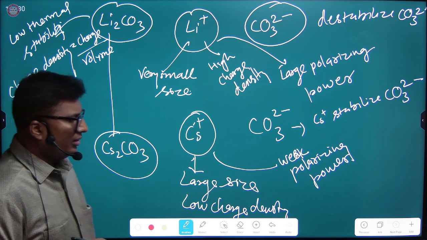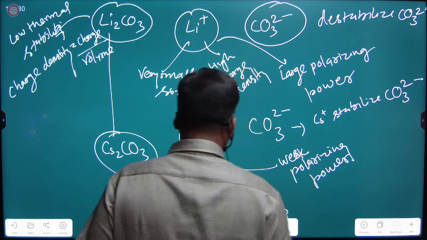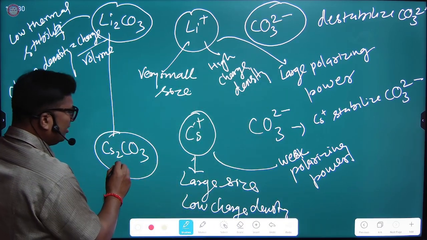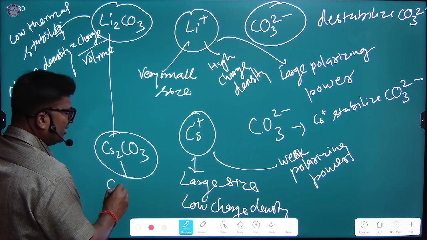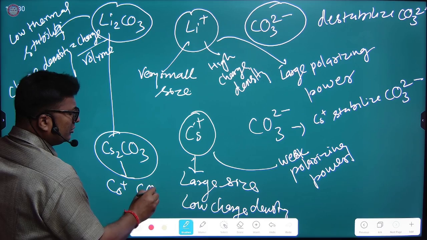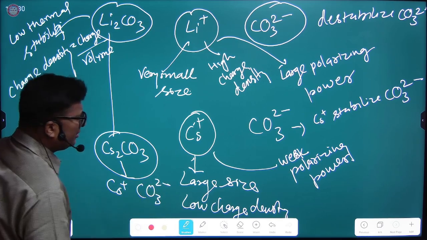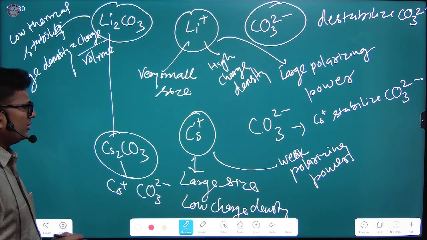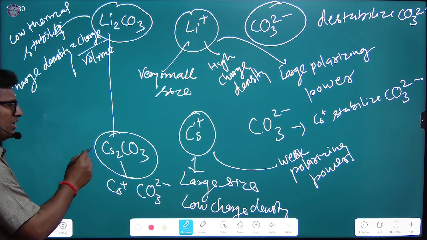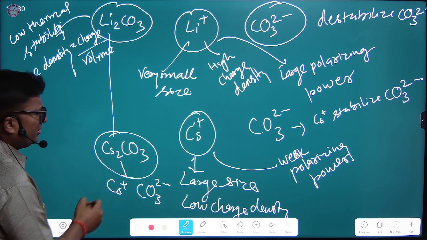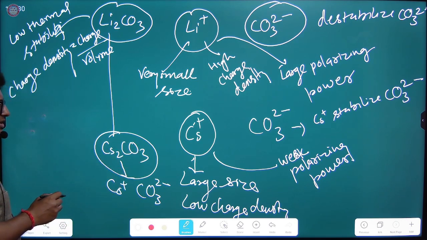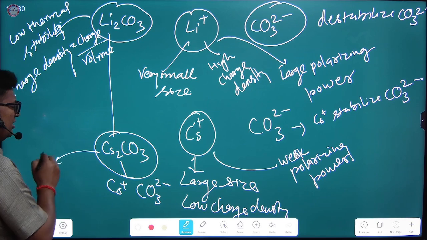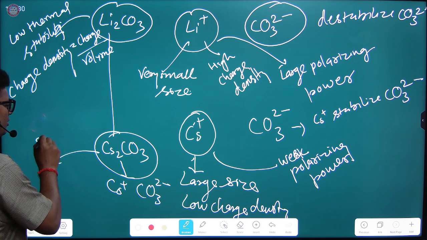So the electrostatic force is poor, meaning it is easily converted in water into Cs plus and CO3 2 minus. Because of the weak electrostatic interaction between the cesium cation and carbonate anion, it is easily soluble in water.